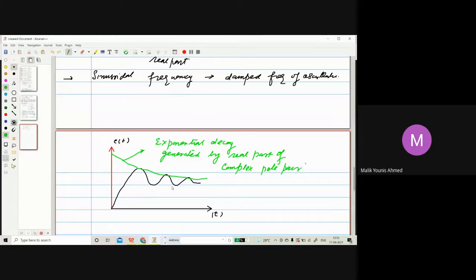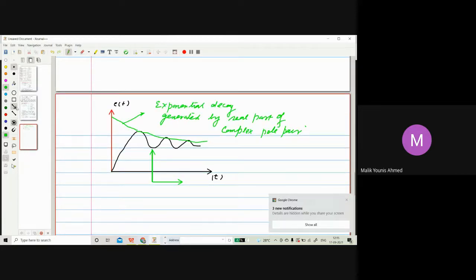Now what will happen to these sinusoidal oscillations? These oscillations are there. Who is responsible for these type of oscillations?